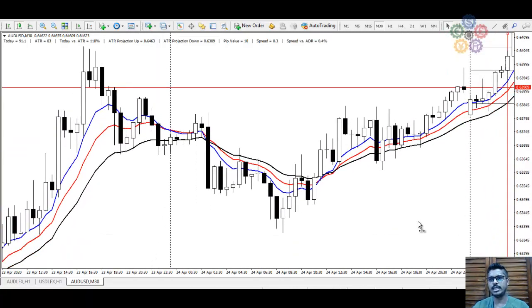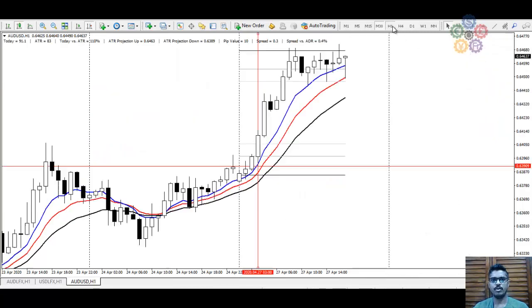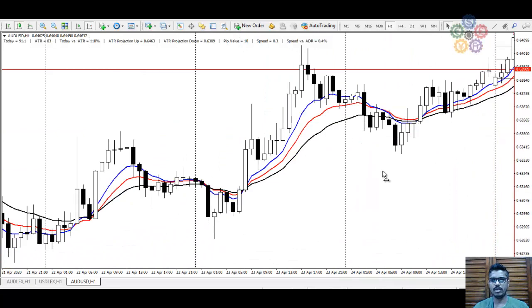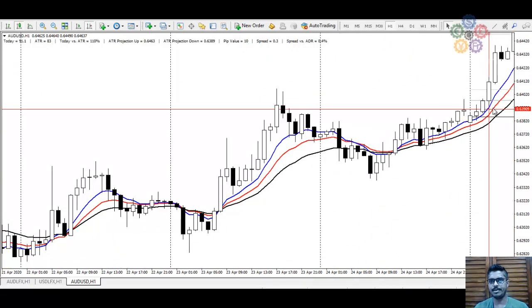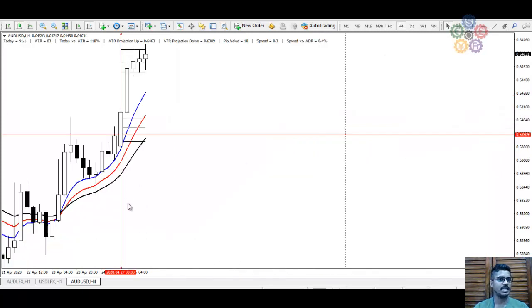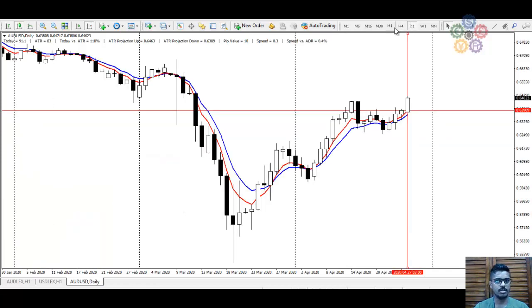So you see here, price was going up. If you look at the H1 chart, you can see how even on the H1, the EMAs were nicely angling up. Even on the H4, EMAs were nicely angling up. For that matter, even on the daily, it was moving up.